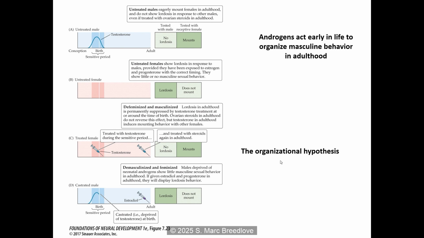And we can measure the brain's phenotype either by looking at lordosis behaviors or mounting behavior, and that'll give us a readout of how masculine or feminine their brain is. How's that?